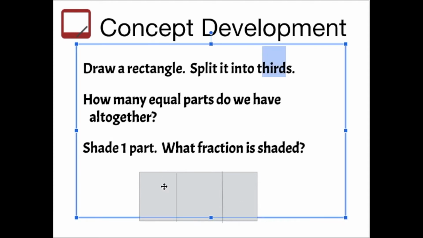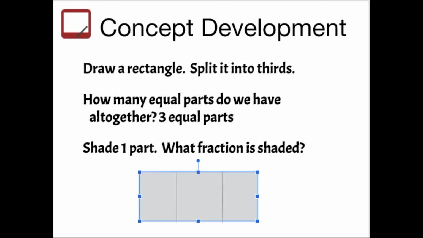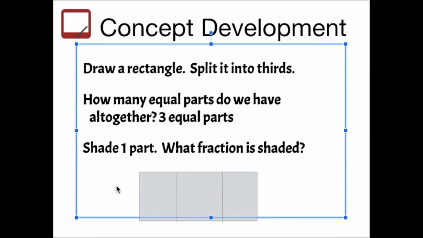1, 2, 3. How many equal parts do we have all together? 3 equal parts. Now we'll shade one part. Let's see if I can do that. Nope, I don't think so.